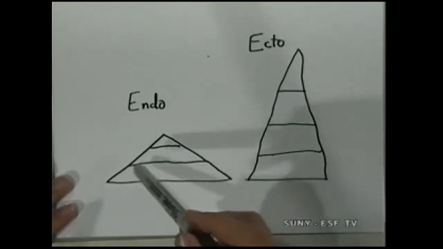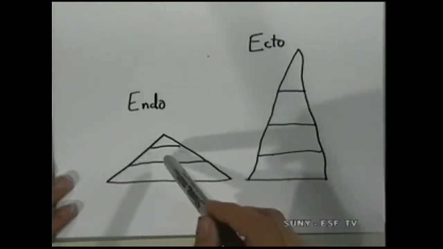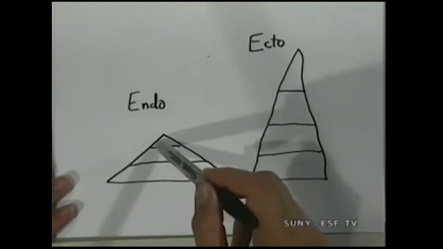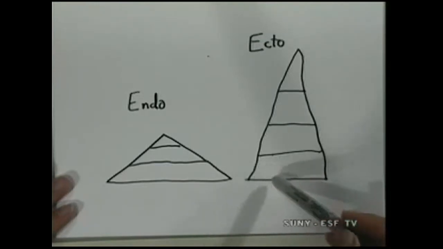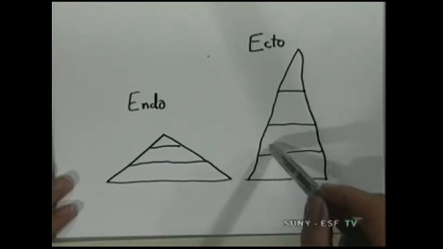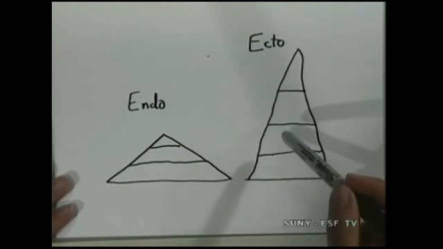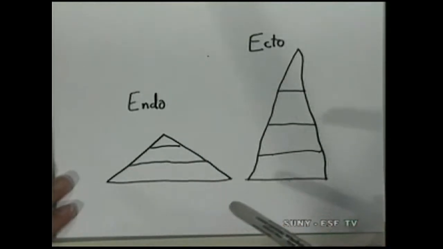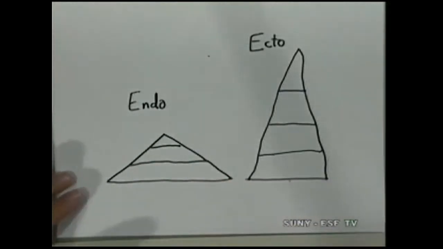So you might see more energy loss, which quickly decreases the amount of energy available to the next level, and because of that, it might not go as high. If you had an ecosystem dominated by ectotherms, you'd see less energy loss per level. It might even go higher because there's more available. So that's how an ecosystem might change according to the types of organisms living in it. And there's been some research that showed that dinosaurs favored this kind of ecosystem, which suggests that those guys were really warm-blooded.